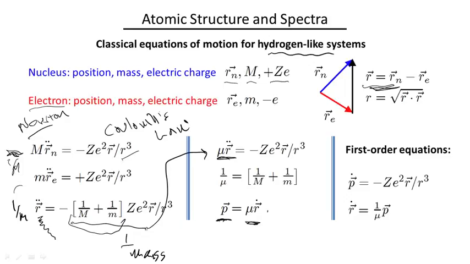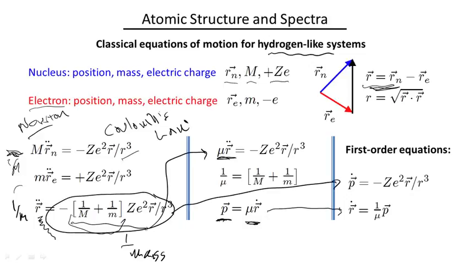So here's that equation we just made up. It's r dot equals 1 over mu times p, and then p dot is just taken from this equation, because p dot is mu r double dot, and so it's just minus Ze squared r over r cubed.